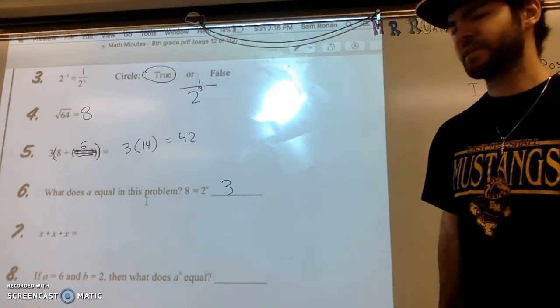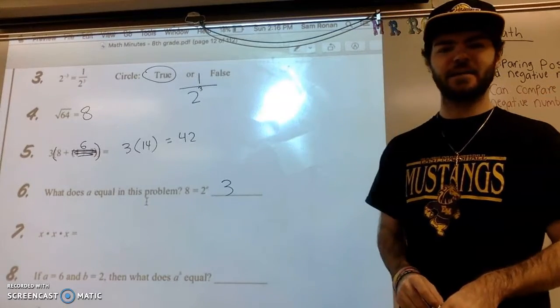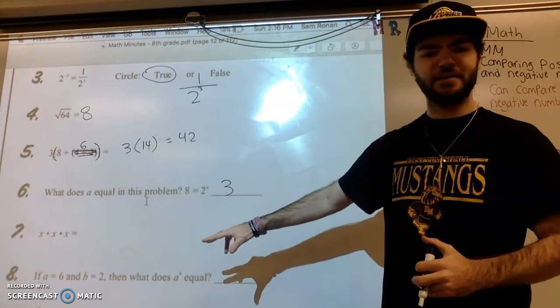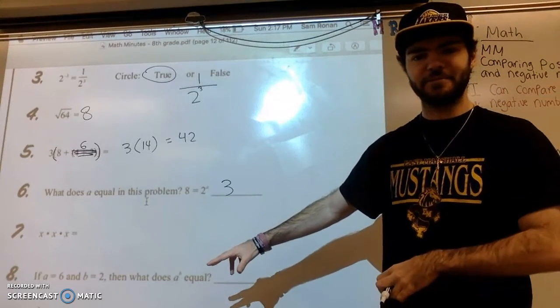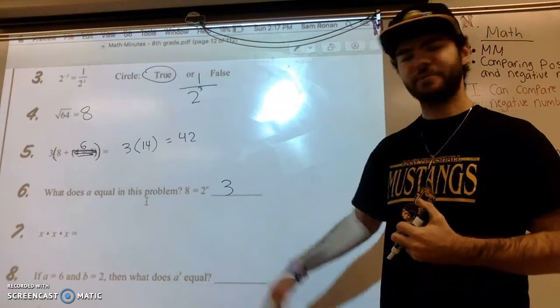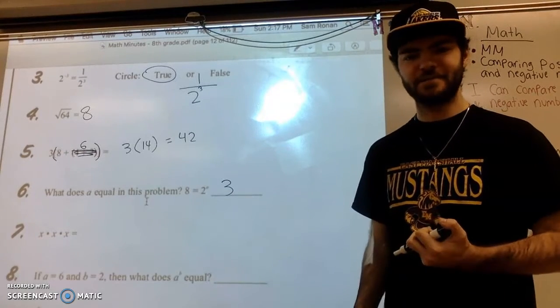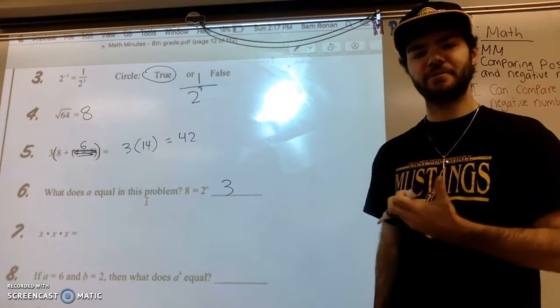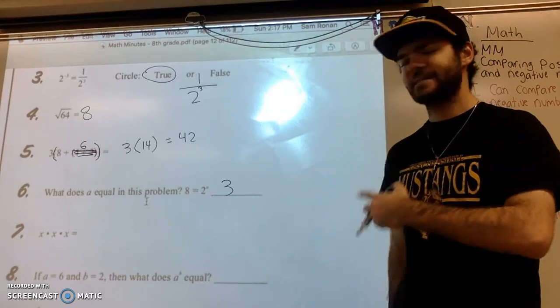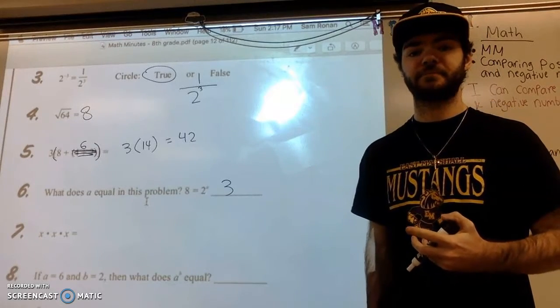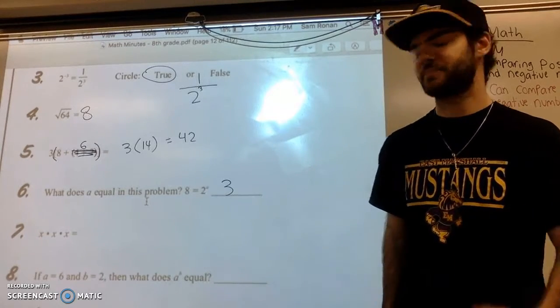Okay, number 7. We have x times x equals, again, you're not going to have an answer with a clear number, because we're dealing with a variable. We don't know what x stands for. All I'm asking you to do here is to write x times x in exponential form. We want to write it with an exponent.